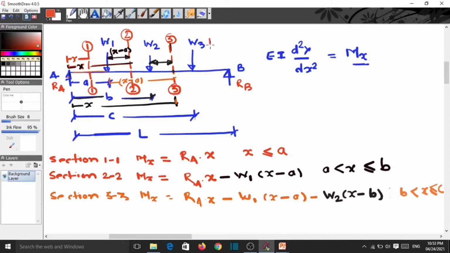Section number 4. Again here there is a load from section 3 and B. Again there is a load, that is why we make section 4. So again this distance is X now.